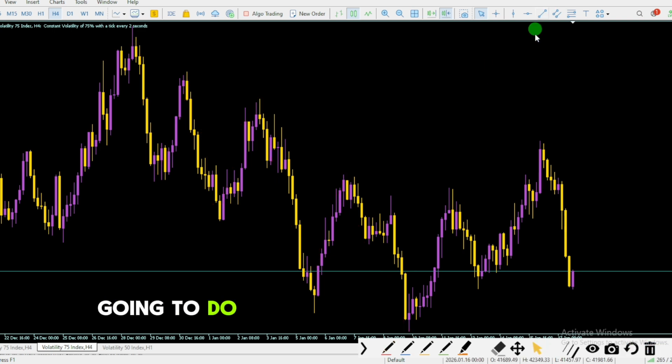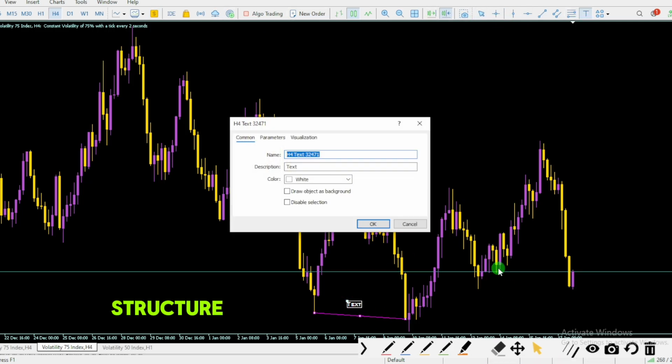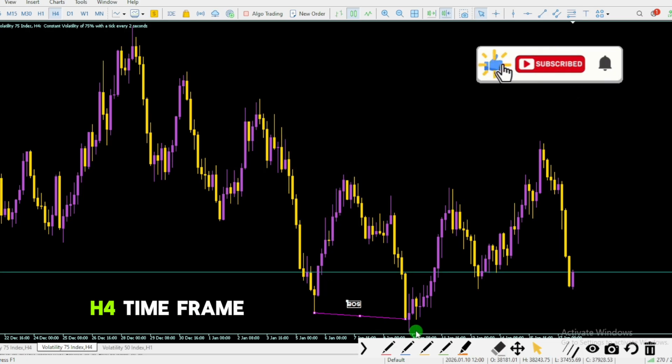So what I'm going to do now is draw my current range, and from there we will dive deeper into the lower time frames. So right here, I'm going to label this as my break of structure. This here is my break of structure on the H4 time frame.